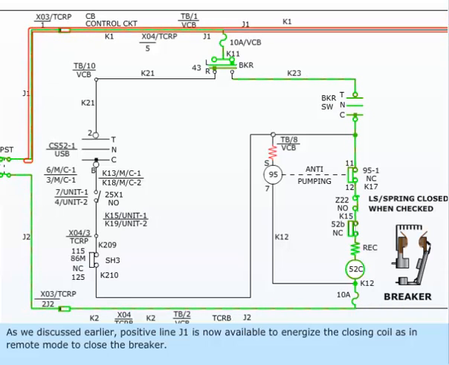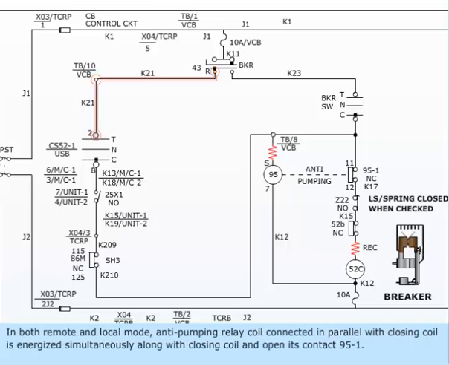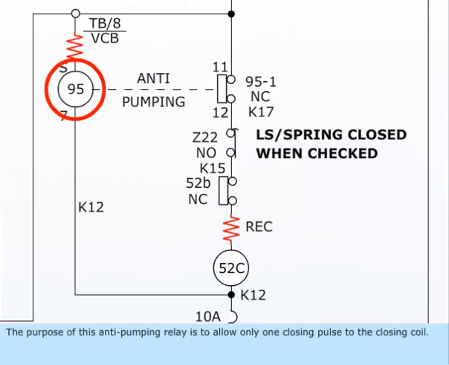As we discussed earlier, positive line J1 is now available to energize the closing coil as in remote mode to close the breaker. In both remote and local mode, anti-pumping relay coil connected in parallel with closing coil is energized simultaneously along with closing coil and opens its contact 95-1. The purpose of this anti-pumping relay is to allow only one closing pulse to the closing coil.